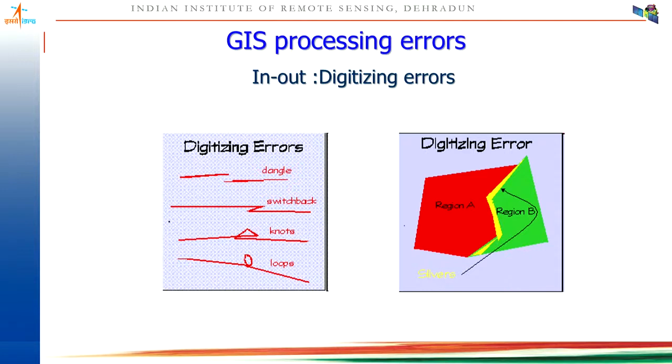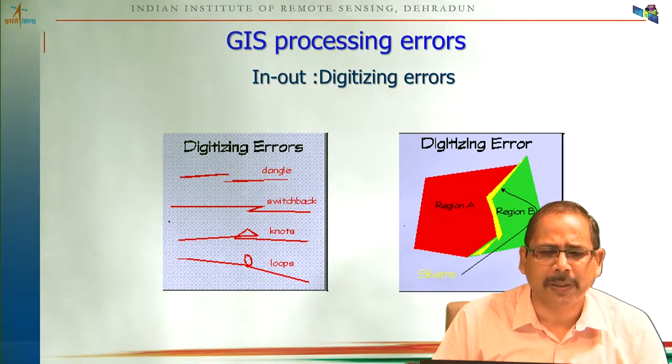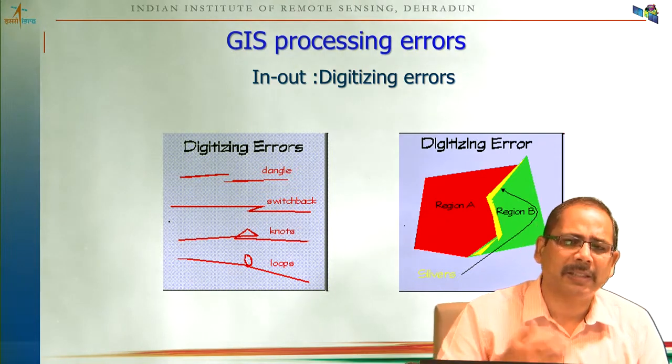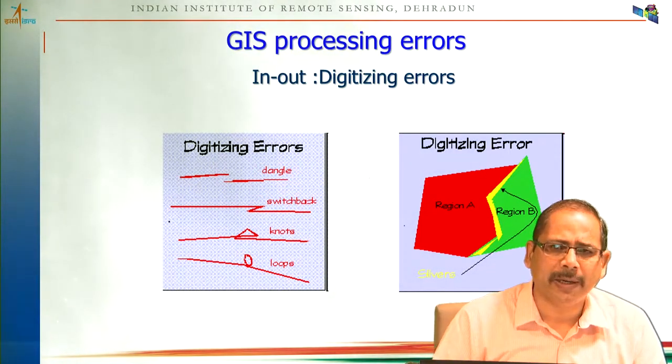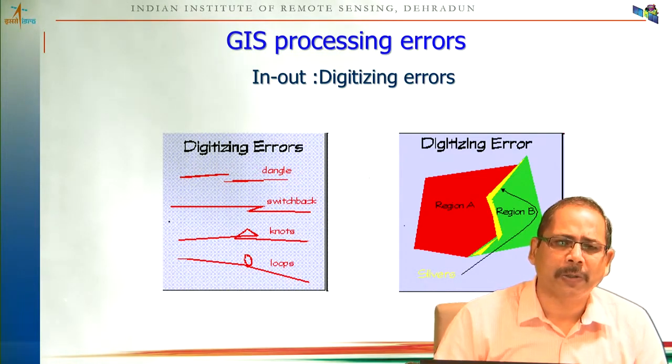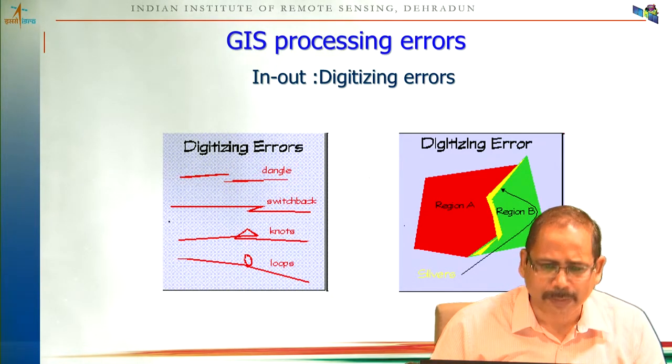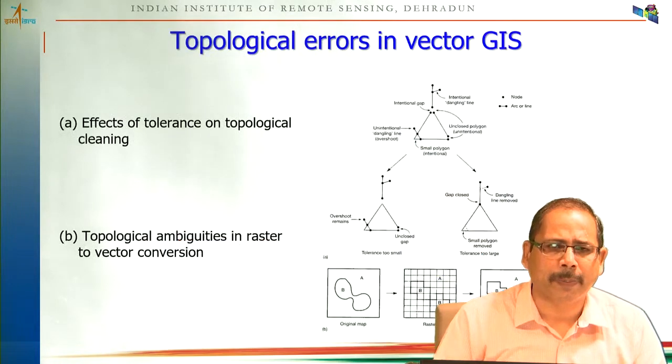If there is a dangling or polygons, or there are slivers, these things create the problem. But these days our GIS software is capable of identifying such errors in the data inputting system, and it will ask you to correct them immediately, so that the proper topological relationships are built and data is stored properly.